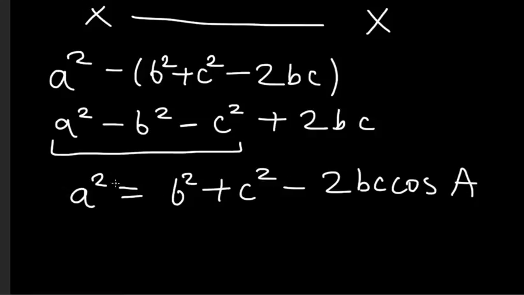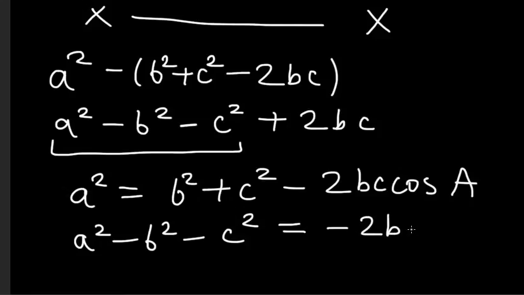Now let's move these two guys to the left hand side. If I do that, I'll get a square minus b square minus c square is equal to minus 2bc cosine of a. Now compare these three terms with these three terms. In fact, they are equal. So instead of this, I can write minus 2bc cosine of a.